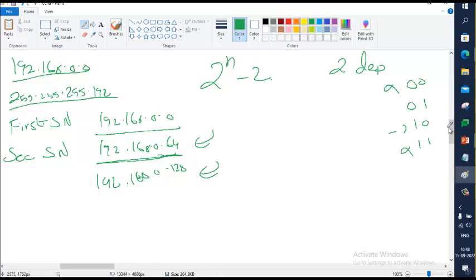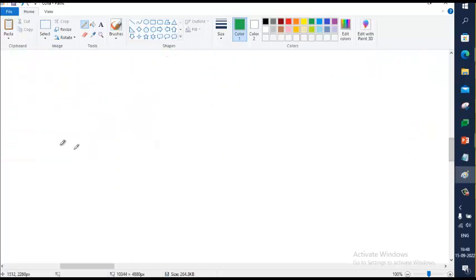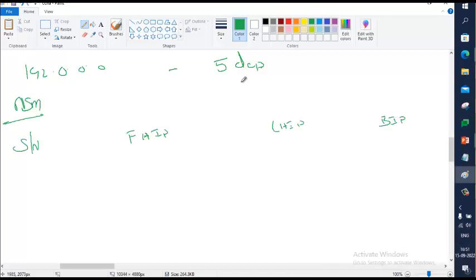Let us do one more. Are you ready? 192.0.0.0, and we need 5 departments, unique subnet. Finish it and then let me know. What is the new subnet mask? 255.255.255.224.